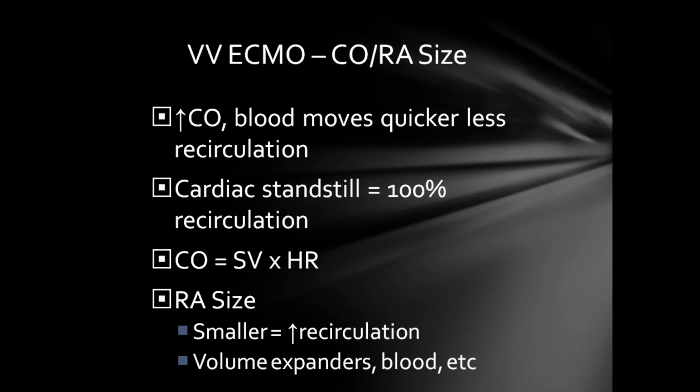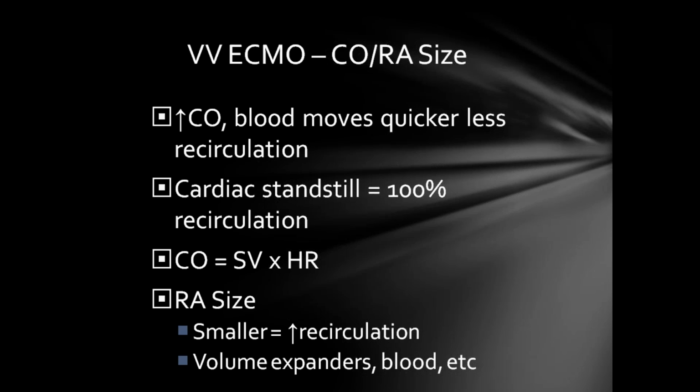And then the recirculation depends upon the cardiac output and the volume status. If the cardiac output is adequate, the blood flow is good, so there is less recirculation. If there is a standstill, a cardiac arrest, there is 100% recirculation, because the valve is not opening. If the volume status is low, again the recirculation will increase.